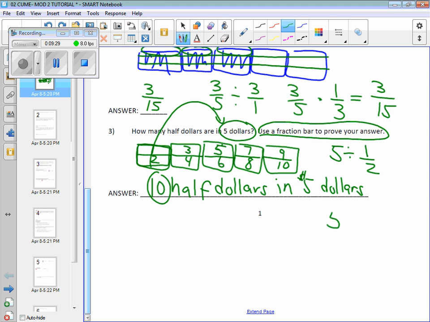Here is keep, change, flip. Keep the first number, change division to multiplication, and flip the second fraction. 5 times 2 is 10. 1 times 1 is 1, and 10/1 as an improper fraction has to be changed back to a whole number, which indeed is 10.